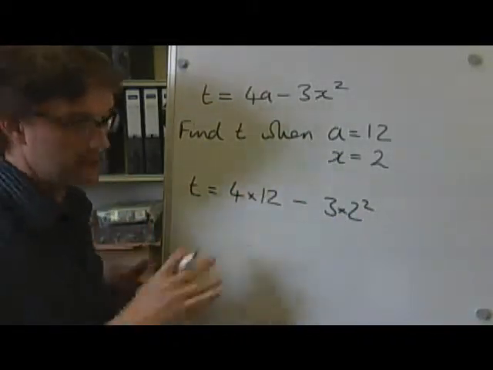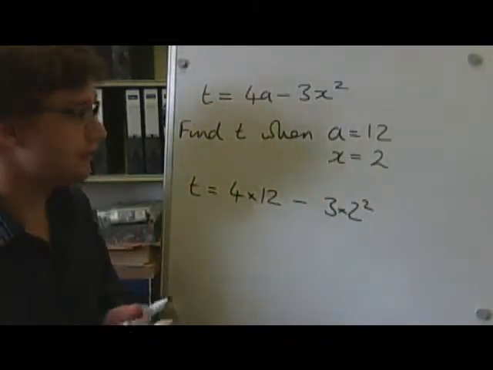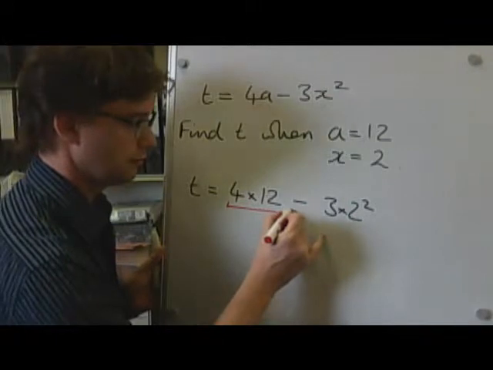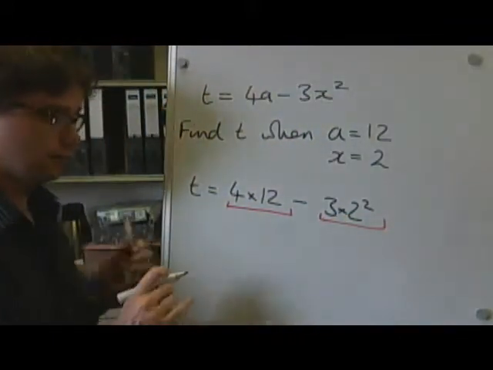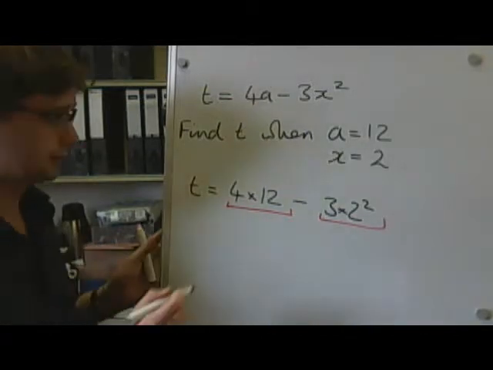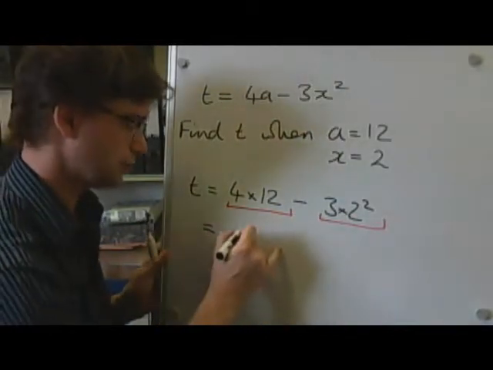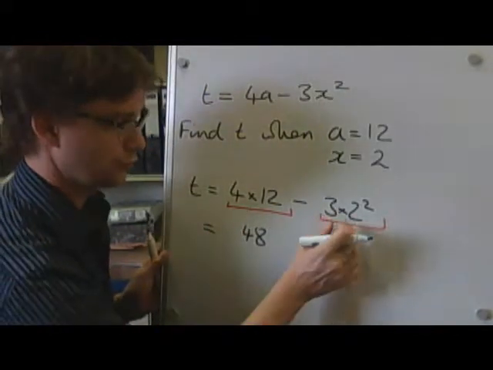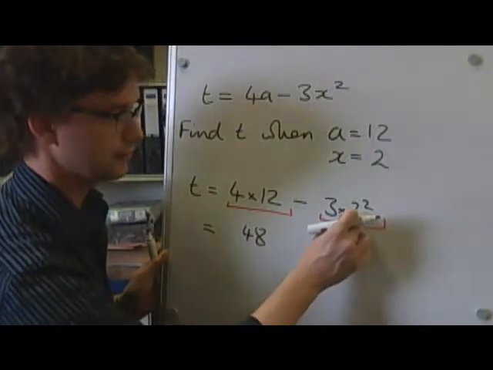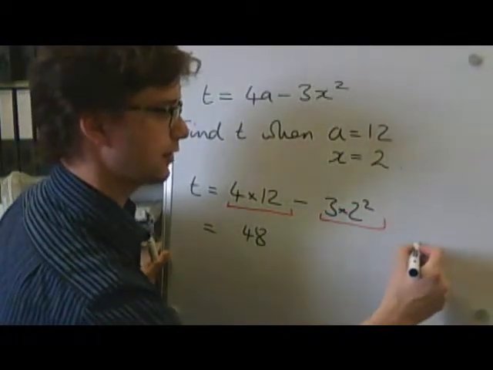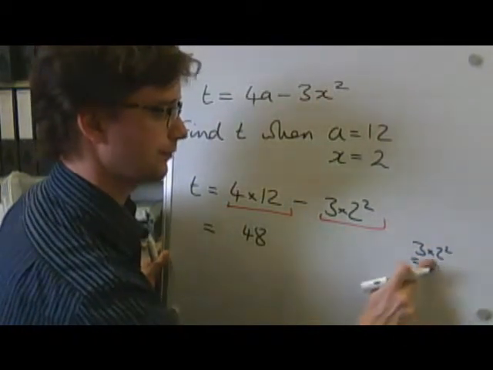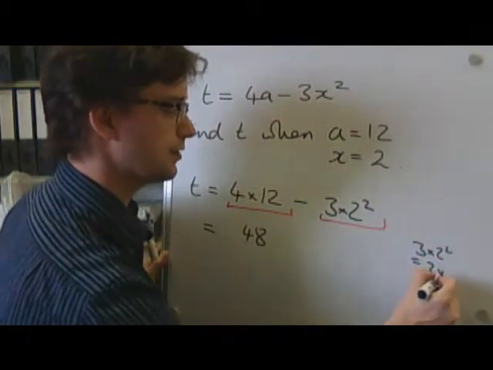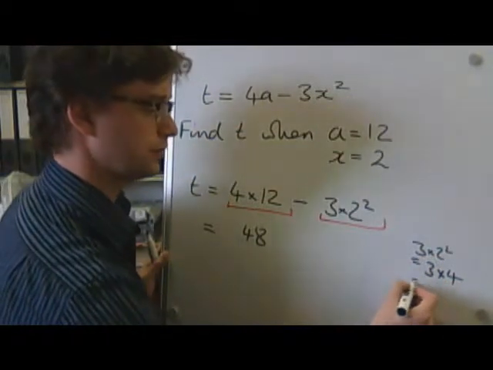And one important thing to remember when you're dealing with these is that that's one term, this is another term, and I can work those out separately. So 4 times 12 is 48, 3 times 2 squared, and I'll do this over here quickly, it's just 3 times 2 squared, it's 3 times 4, which is 12.